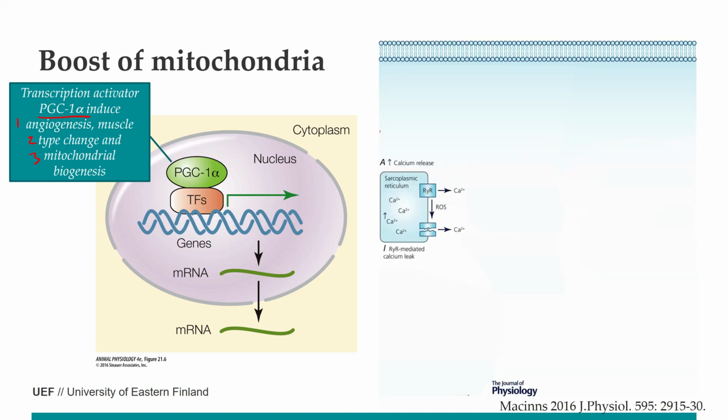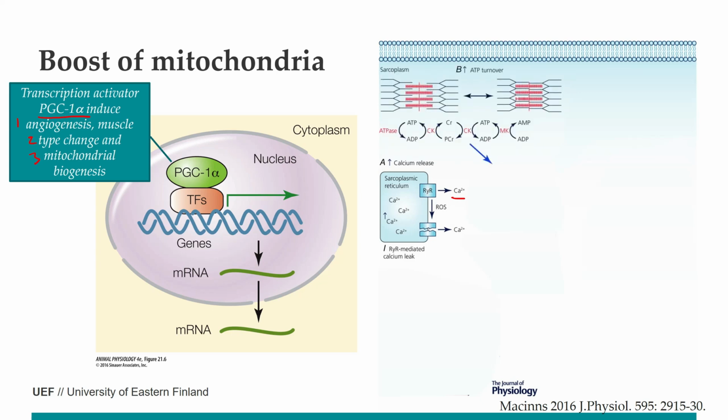How is it done? First of all, when you are exercising, you are modulating your excitation contraction coupling. You have more calcium released from the sarcoplasmic reticulum to make the cell contract. At the same time, when the cell contracts, you are using more ATP, and of course you need more glycolytic ATP production.